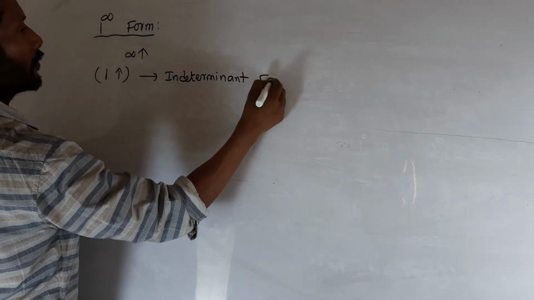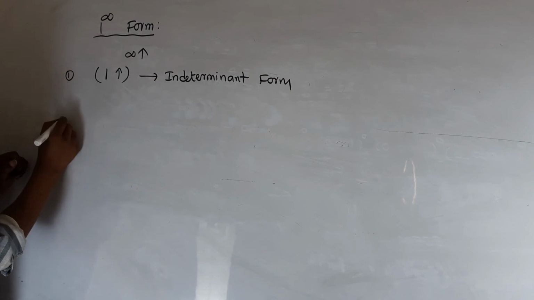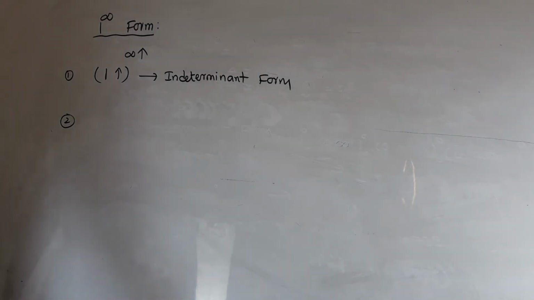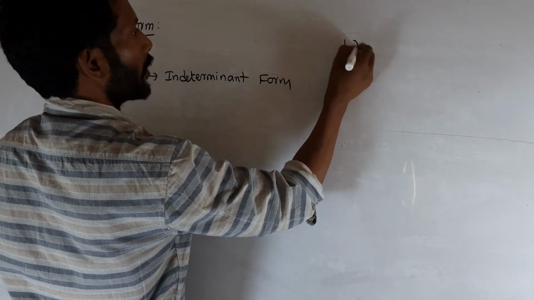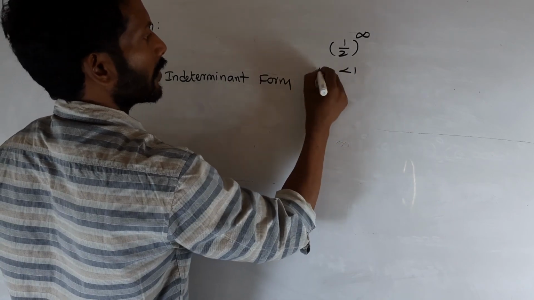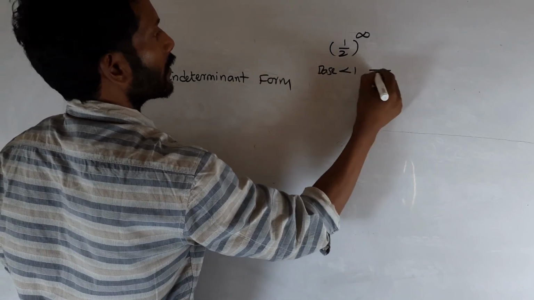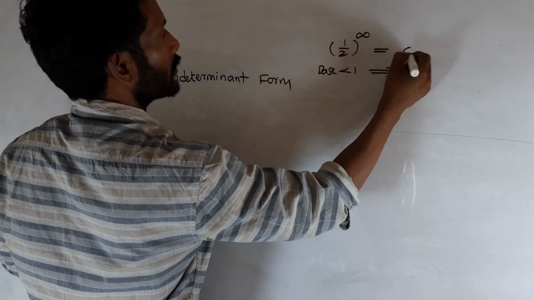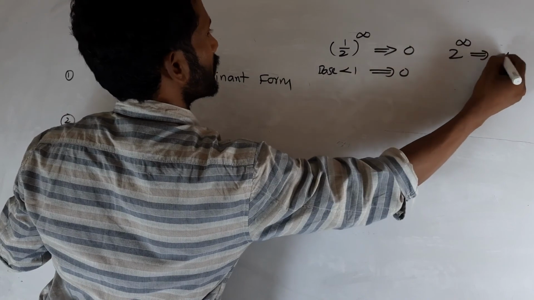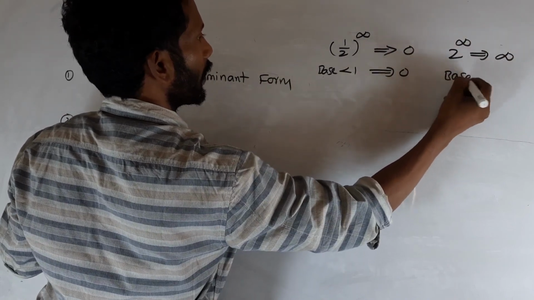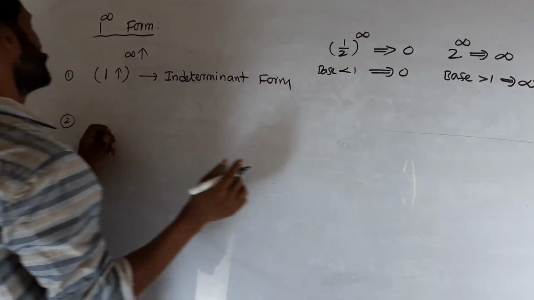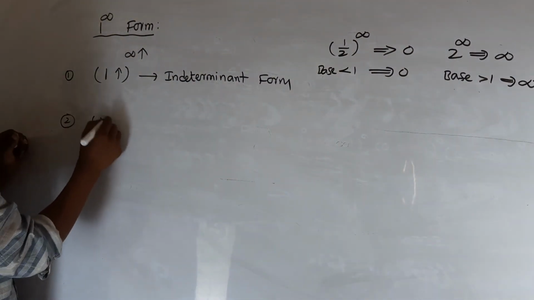Already, 1 by 2 whole power infinity: base is less than 1, this approaches 0. 2 power infinity: base is greater than 1, it approaches infinity. So 1 power infinity.